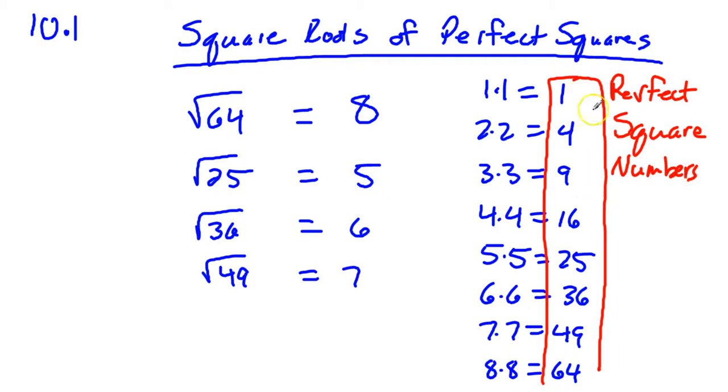If you take the square root of this number, you're going to get back whatever number you multiplied by itself. So that's the big thing they're looking at in chapter 10, starting off with just realizing that we've got these perfect square numbers, that if you take the square root of them, you're going to get just a nice, perfect answer back.